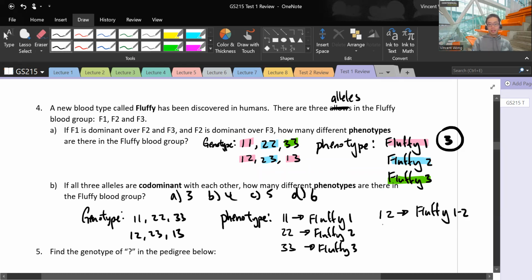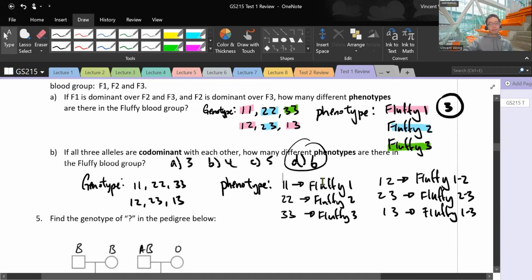Same thing for 2 3, and it's fluffy 2 3, and 1 3 is fluffy 1 3. So 1, 2, 3, 4, 5, 6. The correct answer is D.